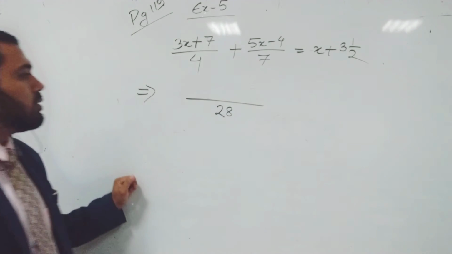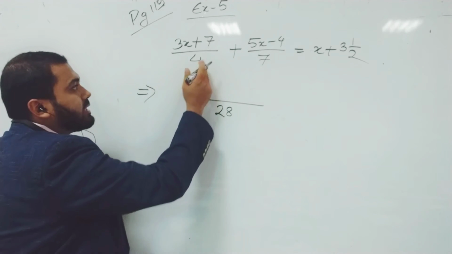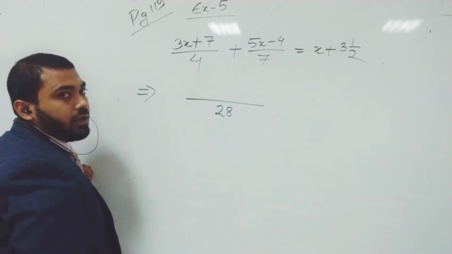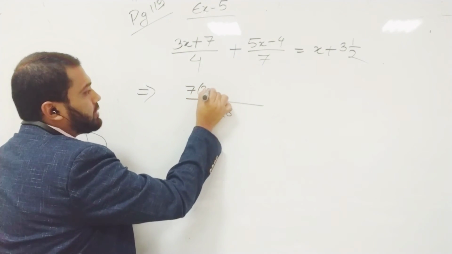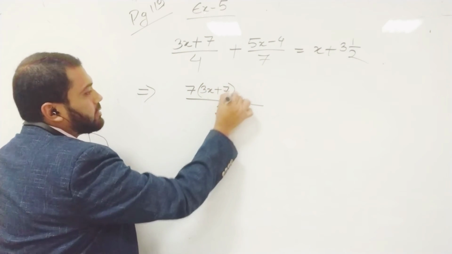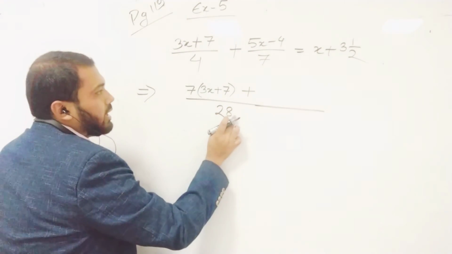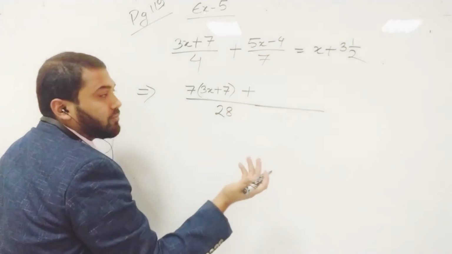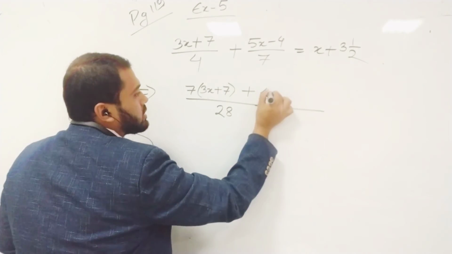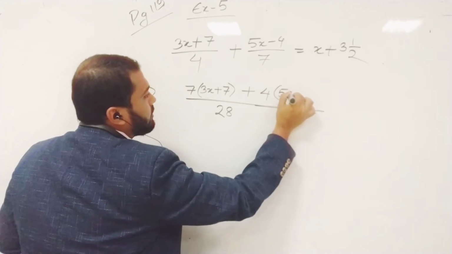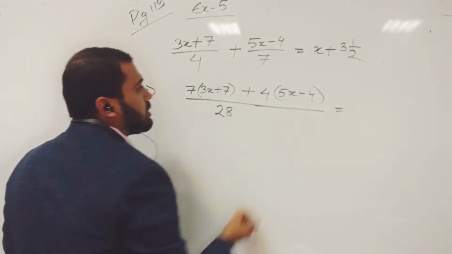Okay. Now 28 divided by 4 is 7, and this 7 gets multiplied with the numerator. So 7 into 3x plus 7, plus, then 28 divided by 7 is 4. This 4 gets multiplied with the numerator. 4 into 5x minus 4, equals to.